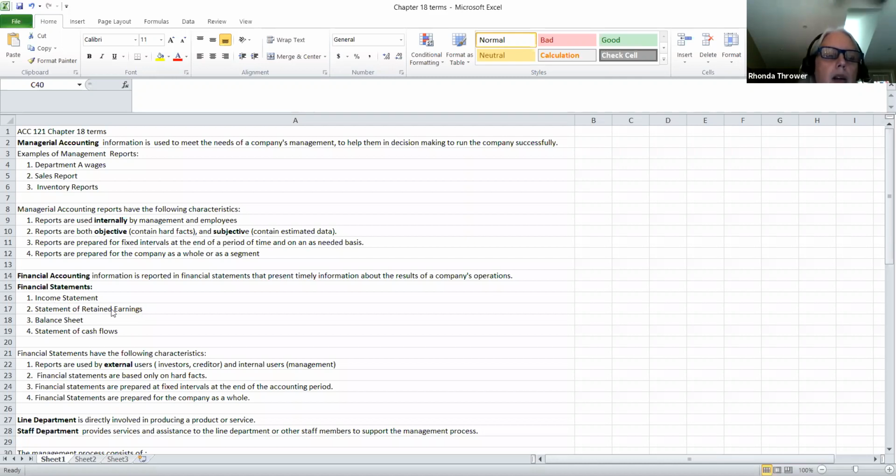But for right now, you should be familiar with an income statement where we record revenues and expenses for a period of time. You should be familiar with the balance sheet, which will have all of our assets, our liabilities, and our owner's equity recorded on it. If it's a sole proprietorship balance sheet that we're talking about, the owner's equity section is called owner's equity.